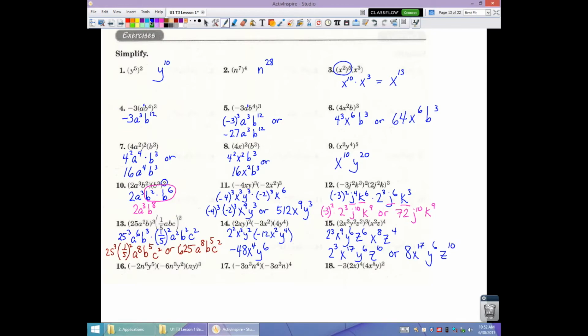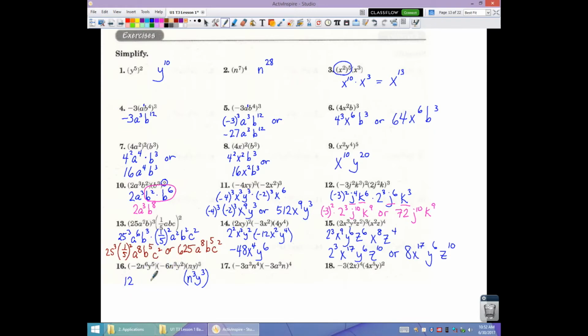Okay, number 16. The only power to a power here is at the end, so this will become n to the 3rd, y to the 3rd. But I can go ahead and multiply these first two powers. So negative 2 times negative 6 is 12.